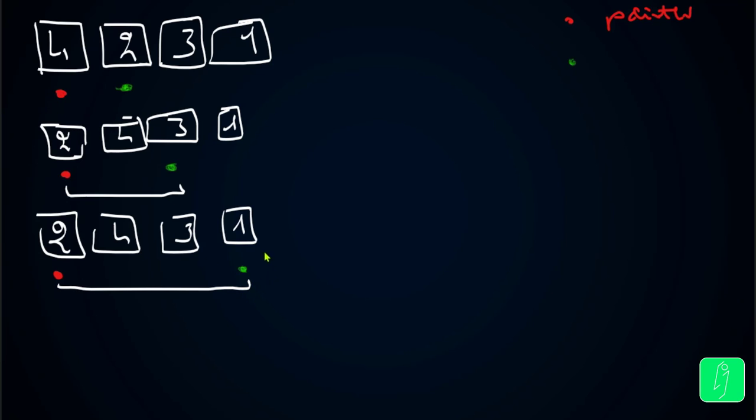And you see that the green dot is smaller than the red dot, like 1 is smaller than 2. So in this case, we need to select them both and change their places. It's going to be 1, 4, 3 and 2, like this.